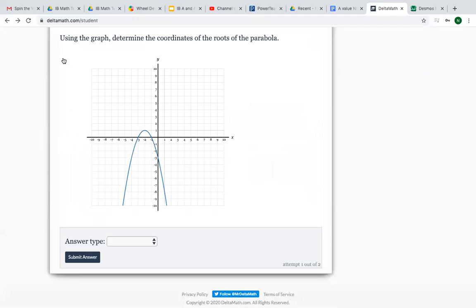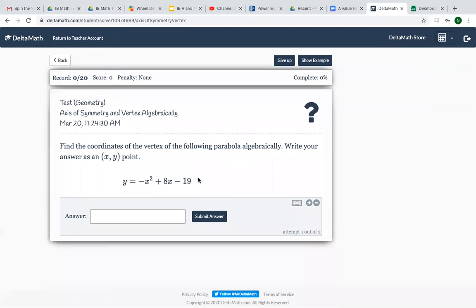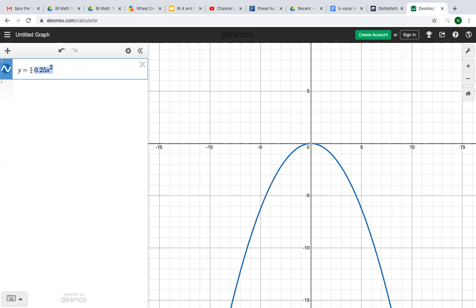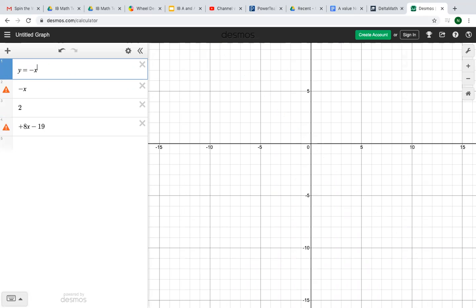I want to start with Najee because I'm also confused on what he's asking. Okay, so for this one, it's asking for the vertex. So what I'm going to do is copy this function and put it into Desmos. So negative x squared plus 8x minus 19.